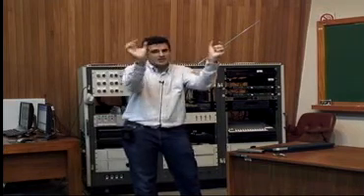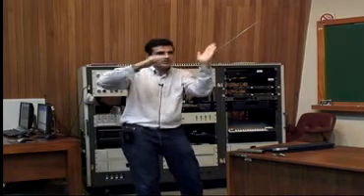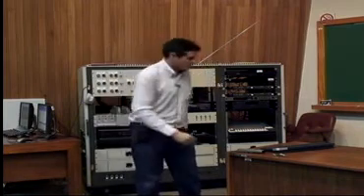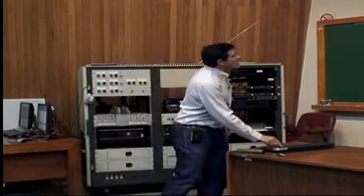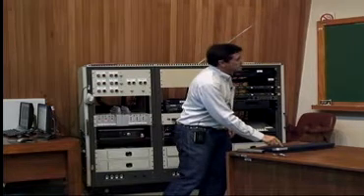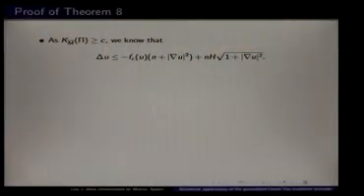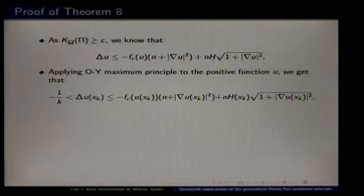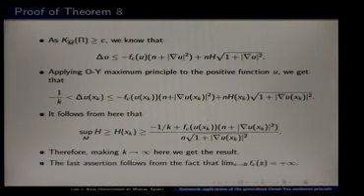There is a positive distance between the hypersurface and the light cone. And to prove the result, we just use the Omori-Yau maximum principle again, and take limits, okay?